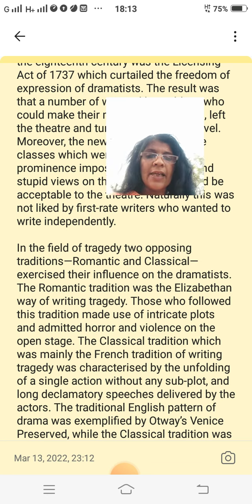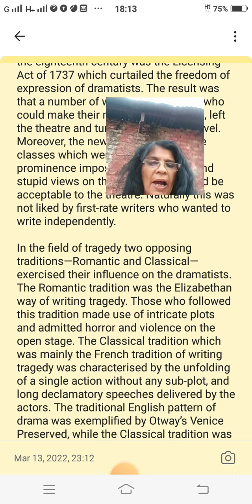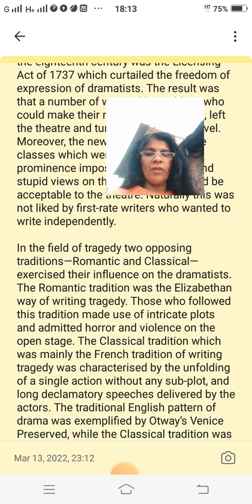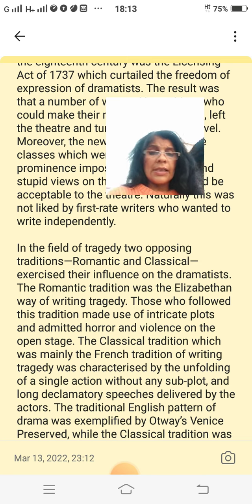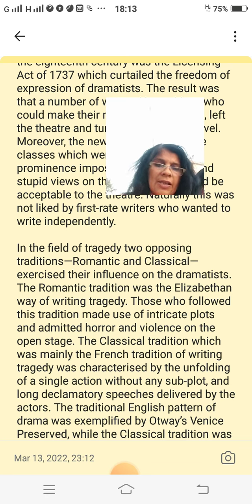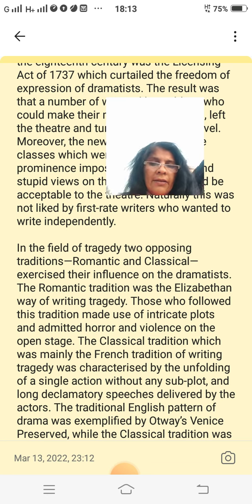The classical tradition, which was mainly the French tradition of writing tragedy, was characterized by the unfolding of a single action without any subplot and long declamatory speeches delivered by the actors.